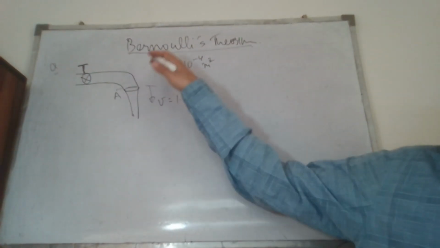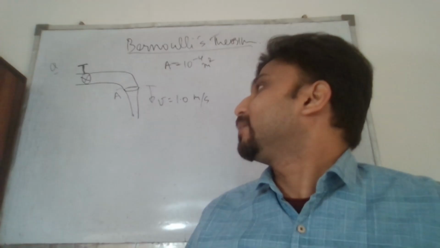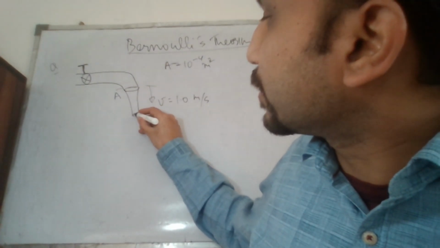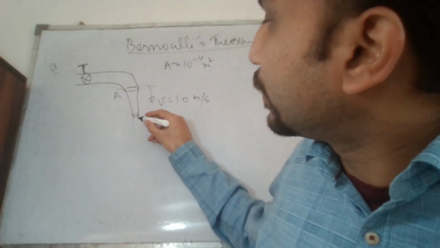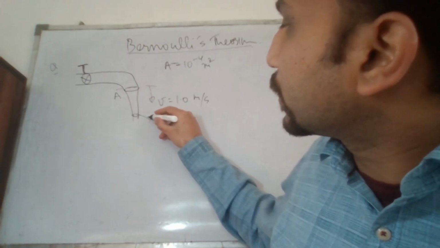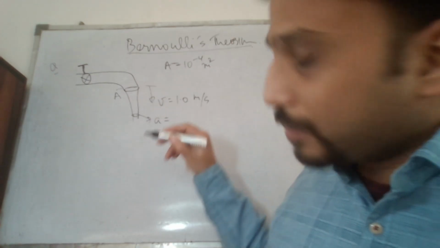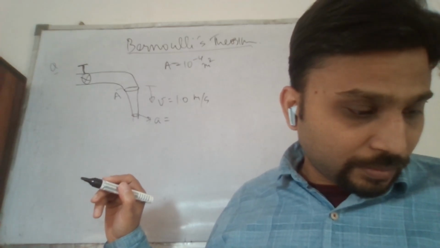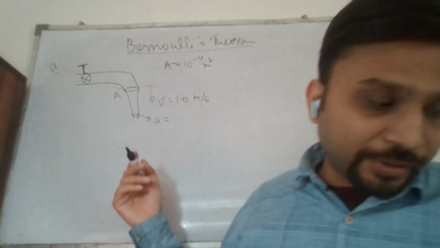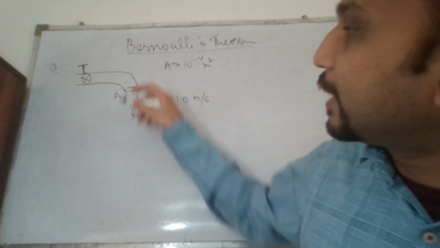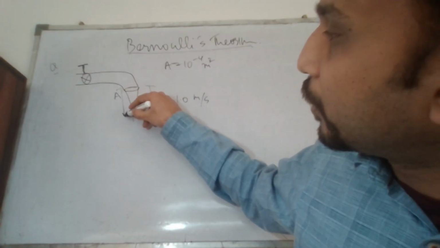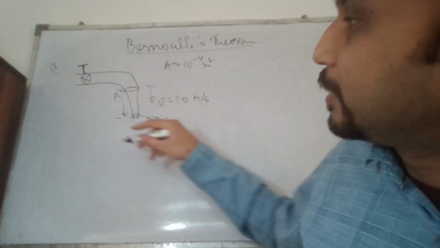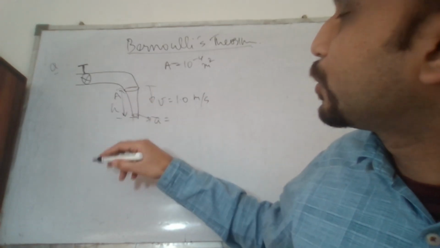So basically, that is the bigger cross section, that is capital A. Then we have a smaller cross section as well, which is somewhere here. This smaller cross section, small a, is what we have to find. We'll say that the water has descended by some height h.